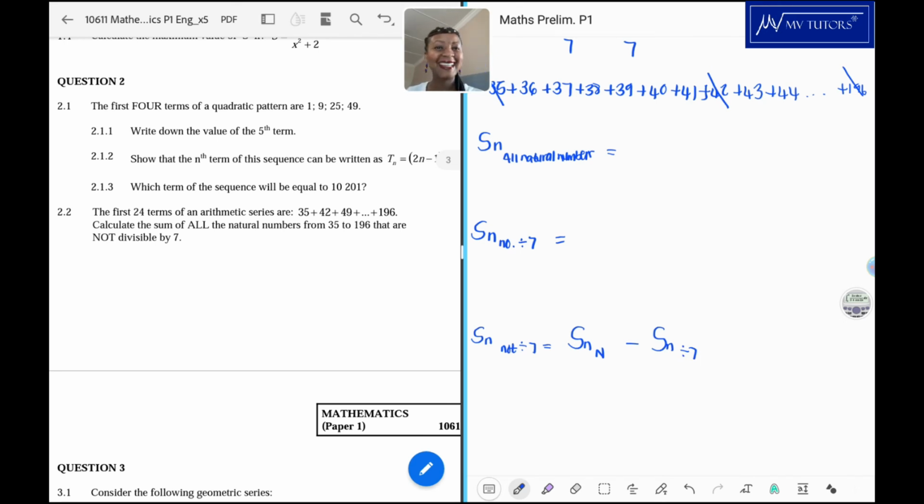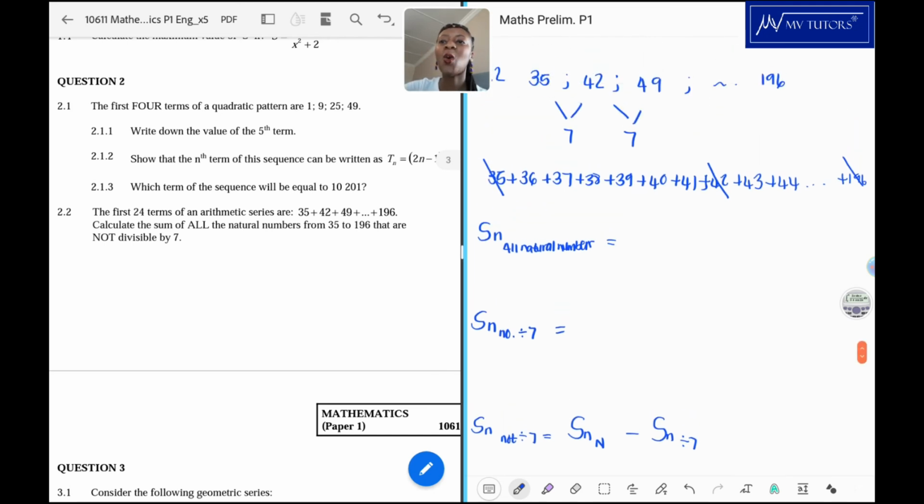Okay, I hope you understood that. So basically we are adding all the numbers from 35 to 196, and then we are getting the sum of those that are divisible by 7, okay? And then at the end, to get the numbers that are natural but not divisible by 7, we're just going to get the difference between the two, okay?